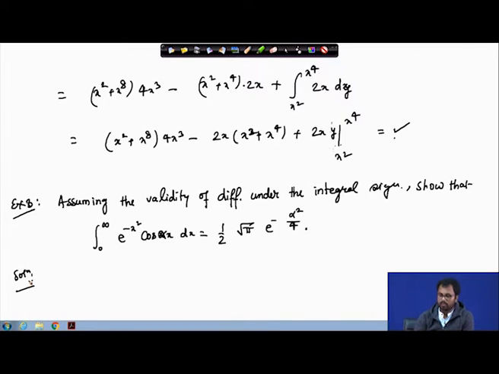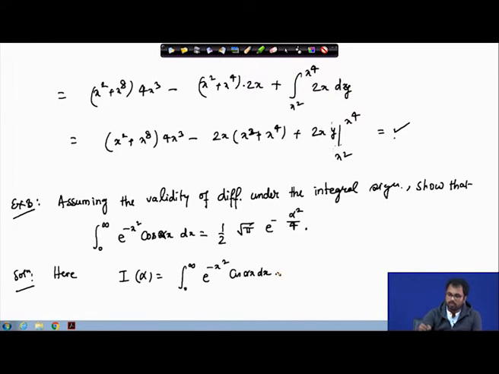So we have to show that this integral e to the power minus x square cos alpha x dx is equal to this. So here it's very clear that alpha is the parameter, since we are integrating with respect to x. So we can write here I alpha equals the integral from 0 to infinity e to the power minus x square cos alpha x dx. So this is given.